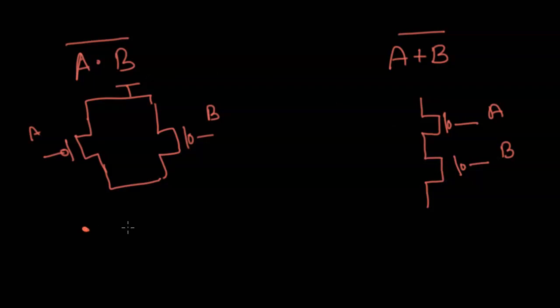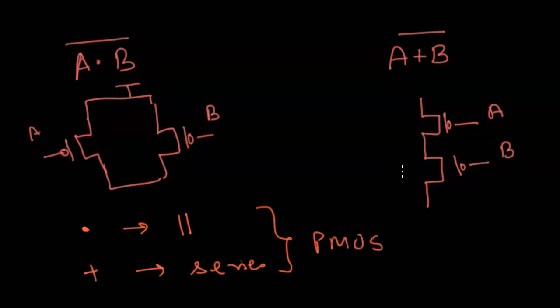If there's a dot, that means it's going to be parallel, and if it's a plus, it's going to be in series. And all of this applies only to the PMOS, and the opposite convention happens in the NMOS, where the A and B get in parallel in the NMOS for a NOR gate, and A and B get into series in the NAND gate.